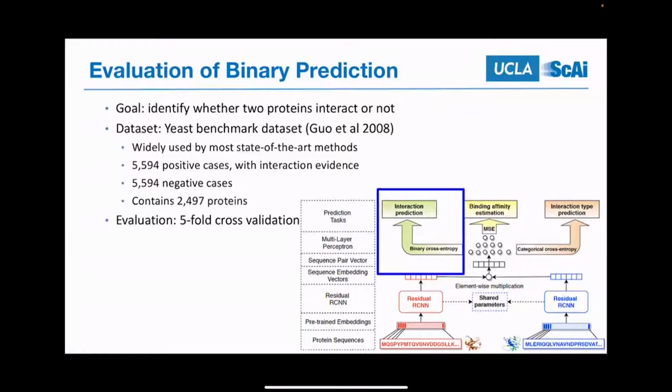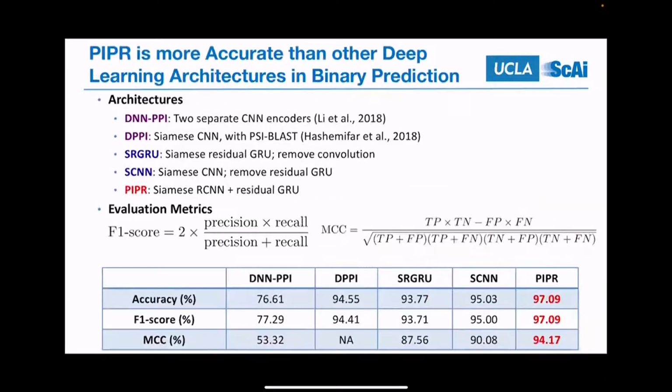The first task is the binary prediction of whether or not there's an interaction between two proteins, and we compare with a group of deep learning based approaches. For our PIPR, you can see that in terms of accuracy, F1 score, and MCC, they all achieve better results over the previous approaches.